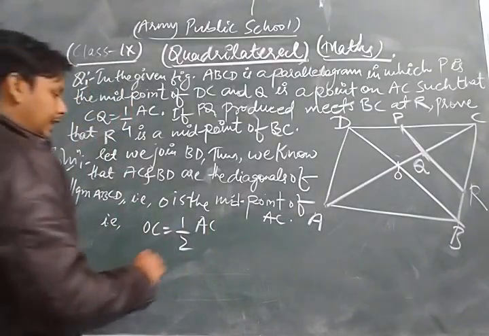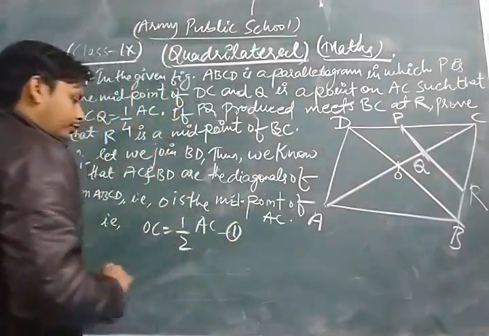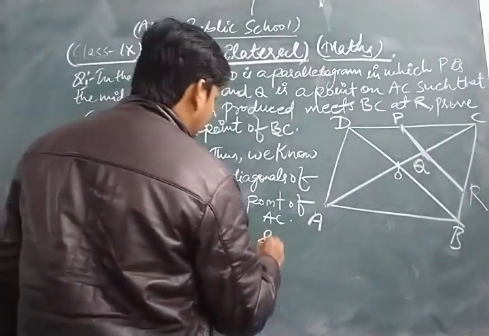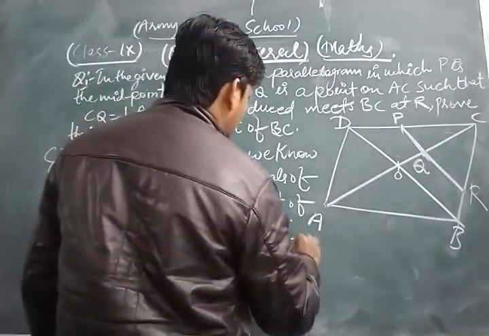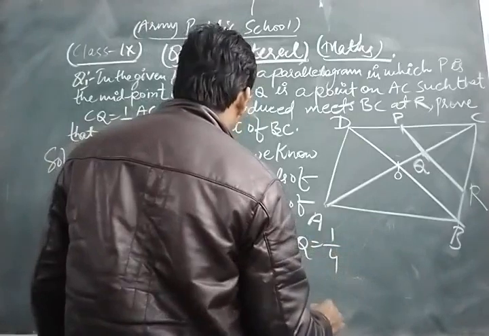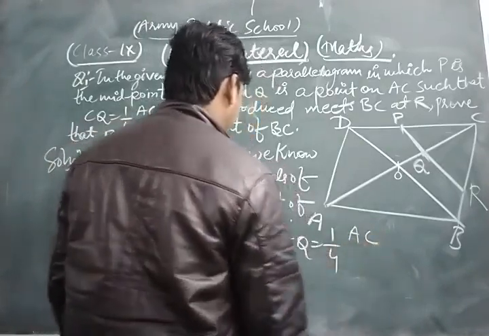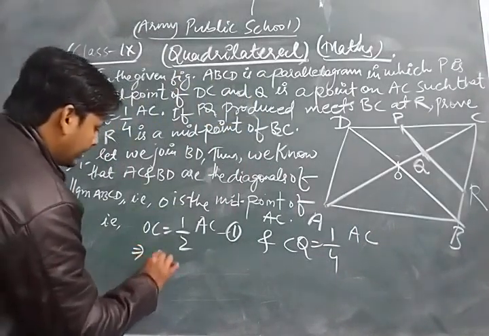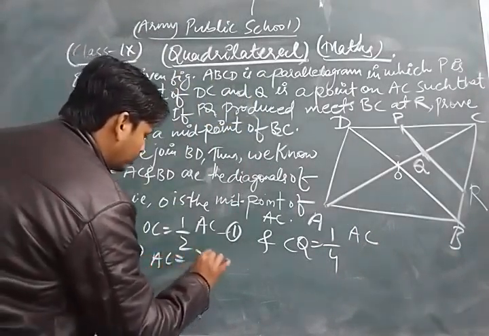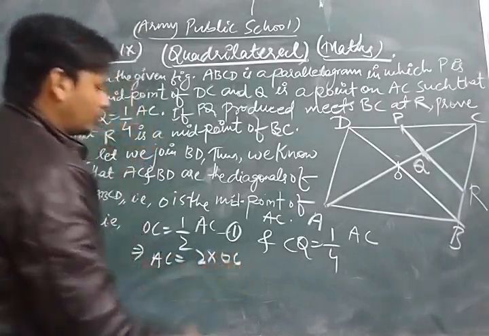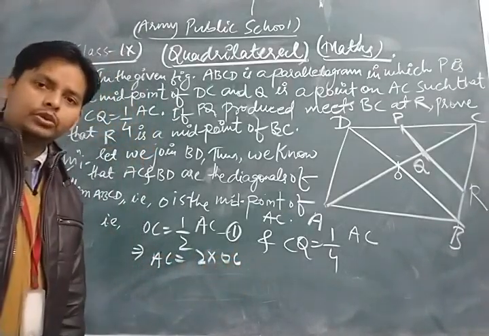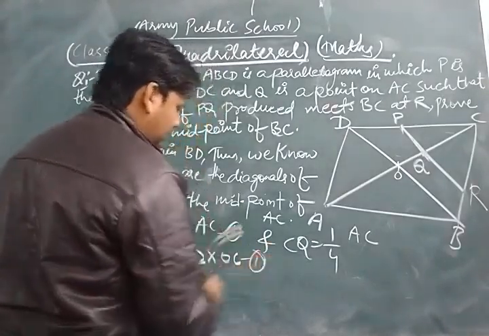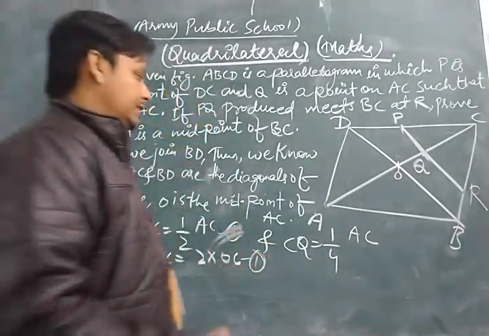And it is given that CQ is equal to 1 by 4 of AC. So from there, dear students, we can write AC is equal to 2 into OC. Let this be equation 2.